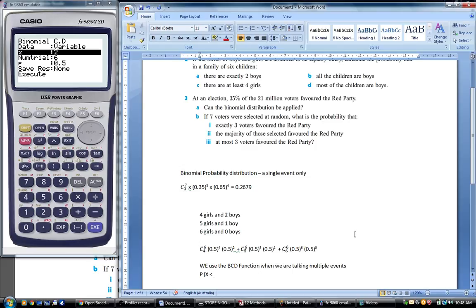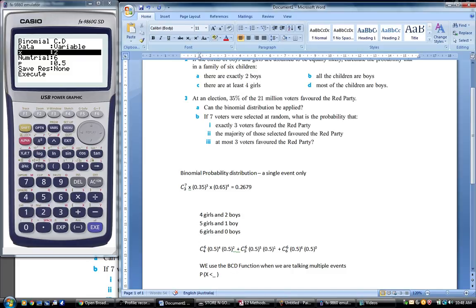So for example, if there are 4 girls, we could have 2 boys, 5 girls, 1 boy, 6 girls, 0 boys. Now again here there's 2 ways of doing this, and the first way that I'm going to show you, I think, is the most practical, because it helps us to think of only using this BCD function. So it's the probability of x being less than or equal to some number.